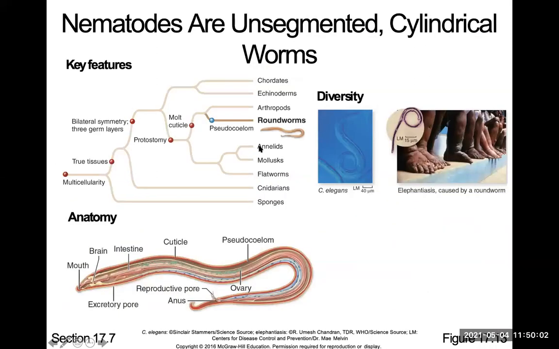So here is a picture of a Nematoda roundworm, C. elegans. These are very diverse, like the most diverse group so far, and they can be found in soil. And C. elegans was the first organism to get its whole genome sequenced.